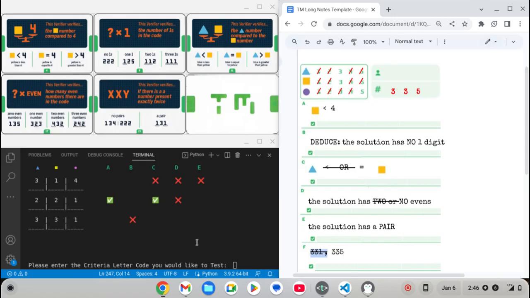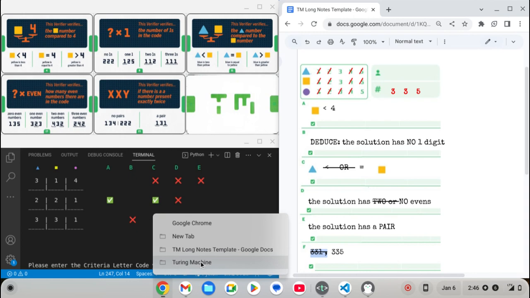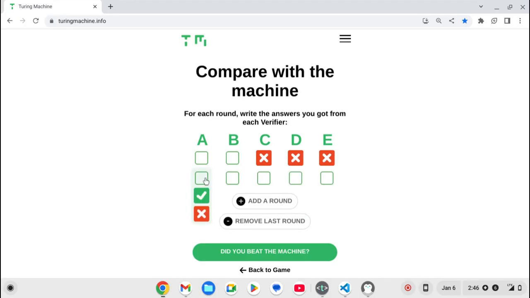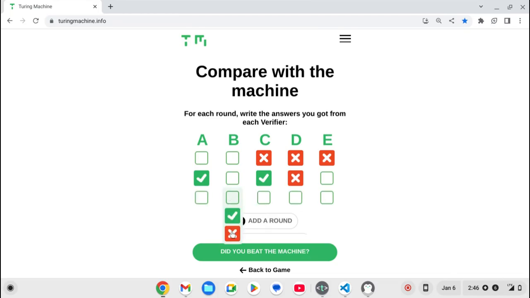So CDE all incorrect, and then ACD, and D was incorrect twice, and then in the third round B was incorrect.